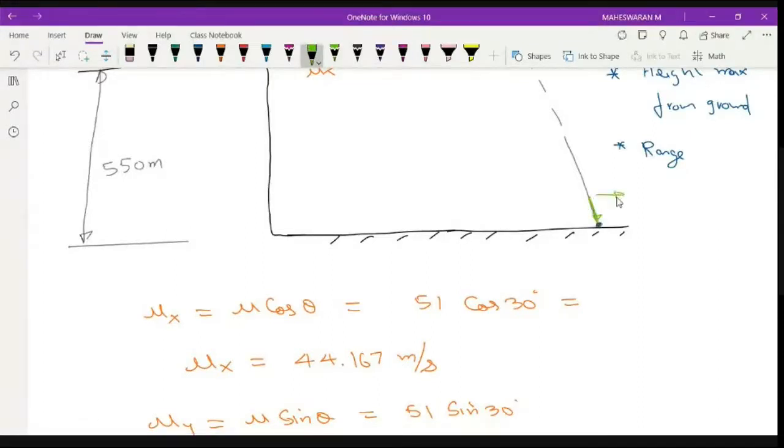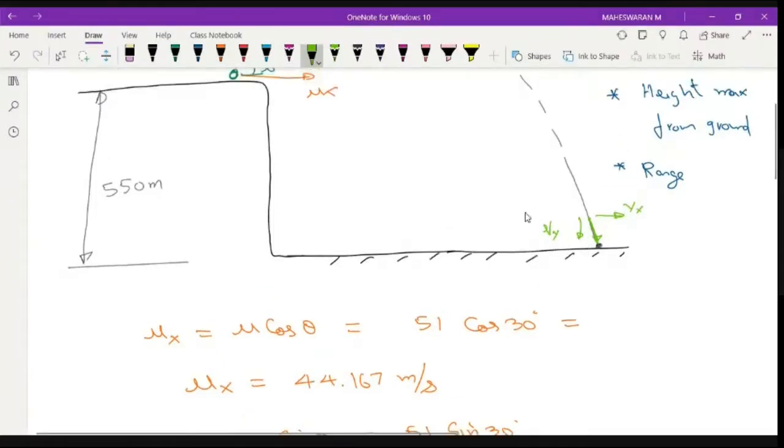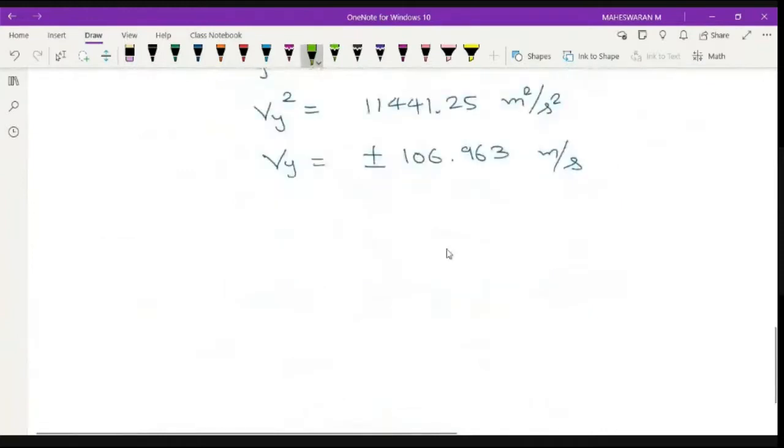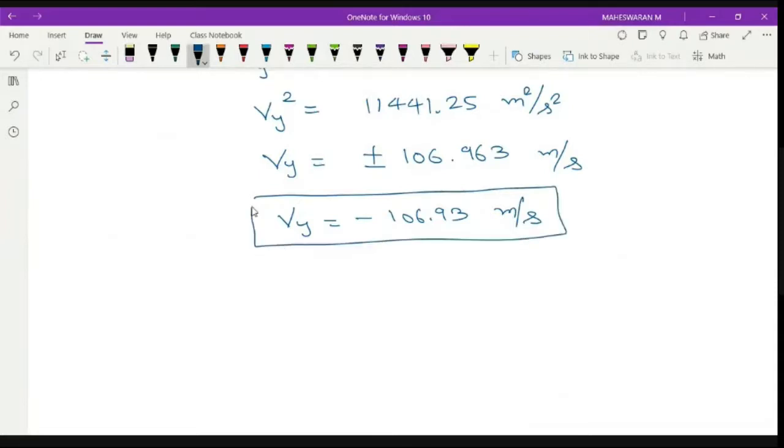When I resolve it, this is my Vy, this is my Vx. Vy is towards the downward direction, opposite to the direction of your Uy, so it is negative. You have to consider only the negative term in this case. So Vy is minus 106.93 meter per second. This is my answer for this case.